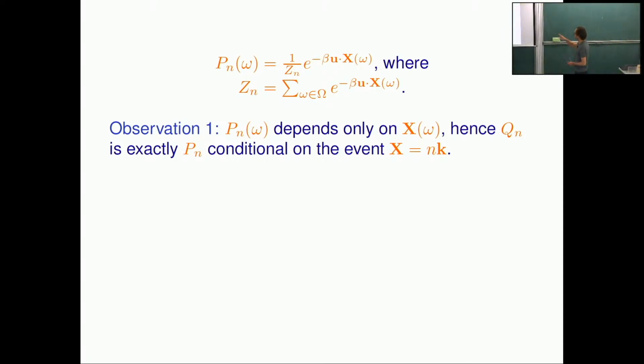Recall that x of omega is the sum over all primitive vectors x of omega of x times x.